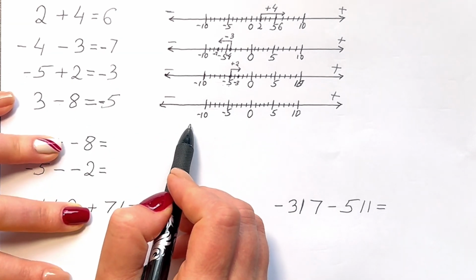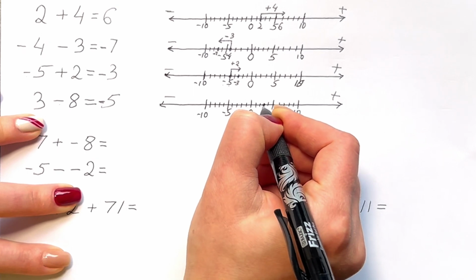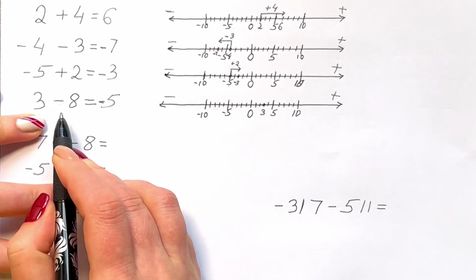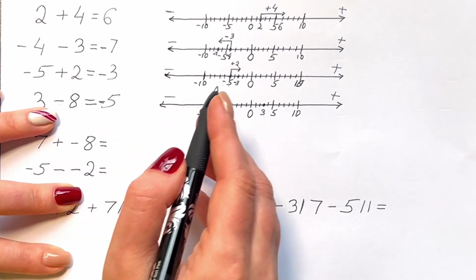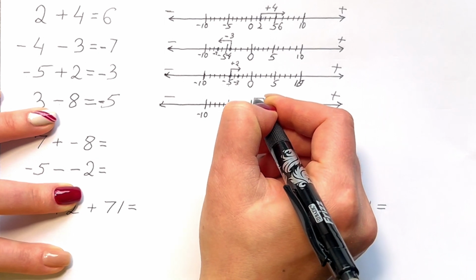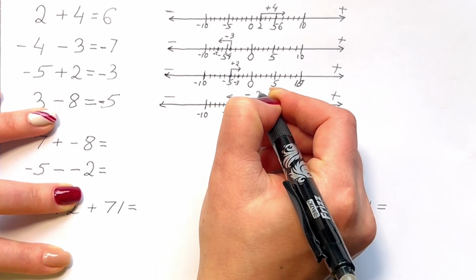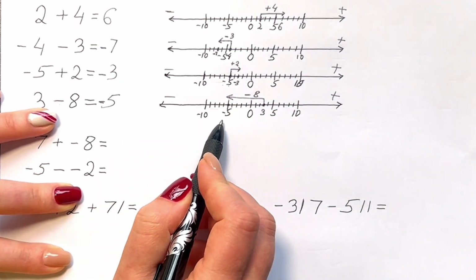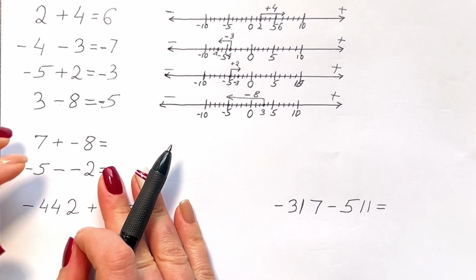The second one, we're going to start from the positive 3. And because the second number is negative, we will go to the left 8 digits. And the answer will be negative 5.